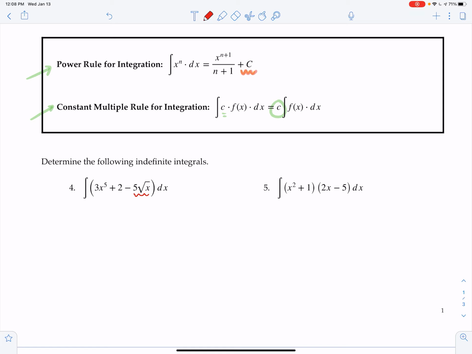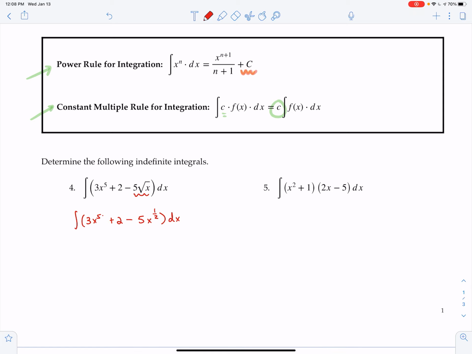However, and you've been doing this with derivatives, it is totally appropriate to write 3x to the 5th plus 2 minus 5x to the 1/2 dx. And that's a good start.